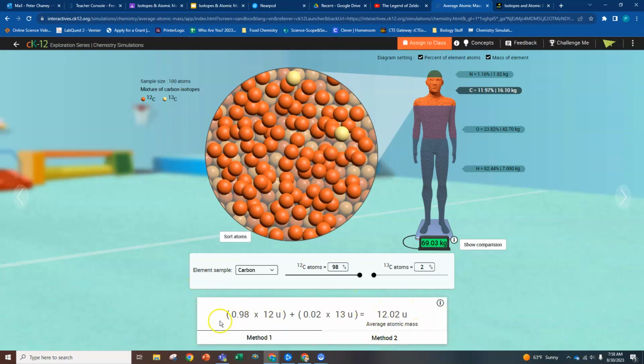If you have a mixture of 98% carbon-12 atoms, and you added those together with the 2% of carbon-13 atoms, this is how they calculate the average atomic mass. So on our periodic table, that's where they get the 12.02 for that mass. So now let's go to the lab.